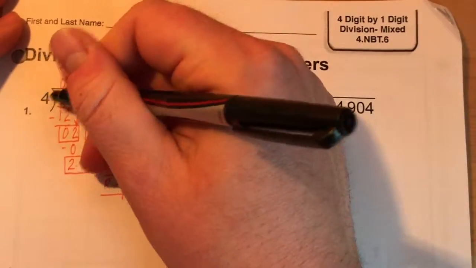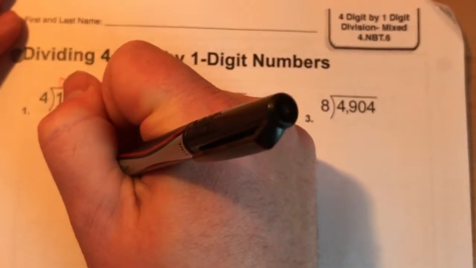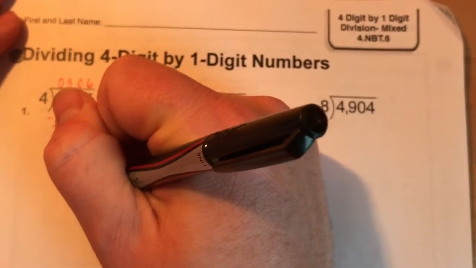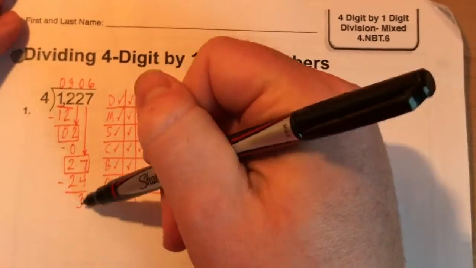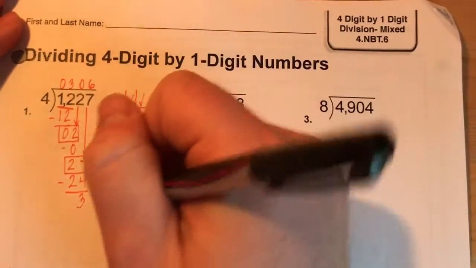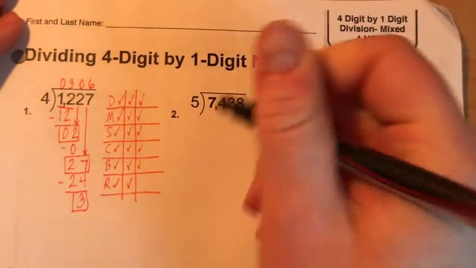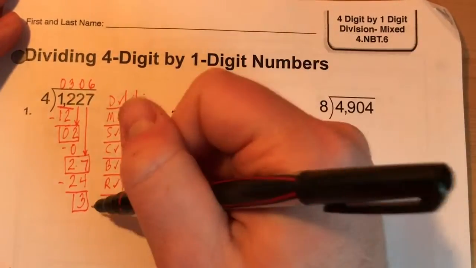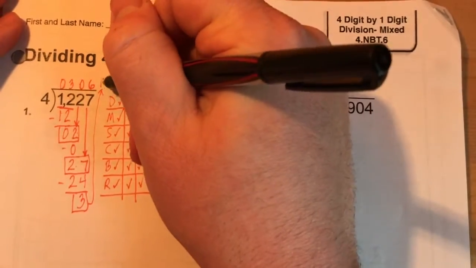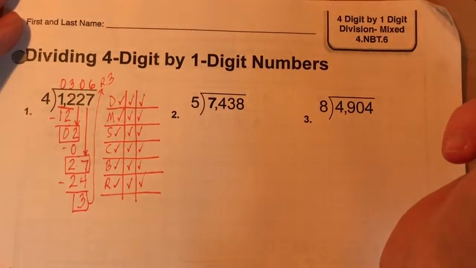So now we're going to multiply. 4 times 6 is 24, and we're going to subtract. 27 minus 24 is 3. We're going to check and make sure the king is happy, which he is, and we're going to bring down. There's nothing to bring down, but we can box the remainder. And we know this is going to be the actual remainder because there's no spots left in the quotient. So we have a remainder of 3.